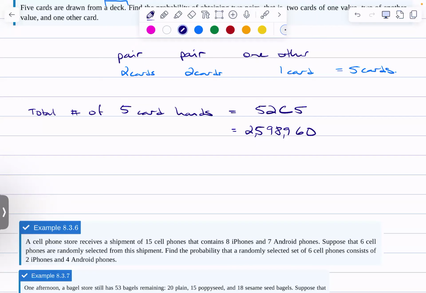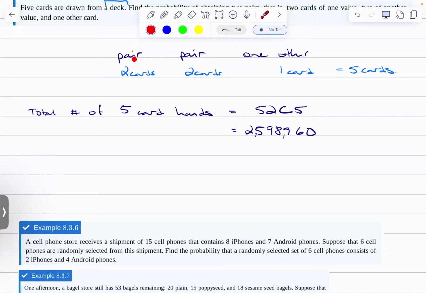Maybe. How do we get a pair? There are 4 of each card. I'm thinking a pair of aces, for example, right? First, I wanted to go across the suits, but that doesn't make sense, right?